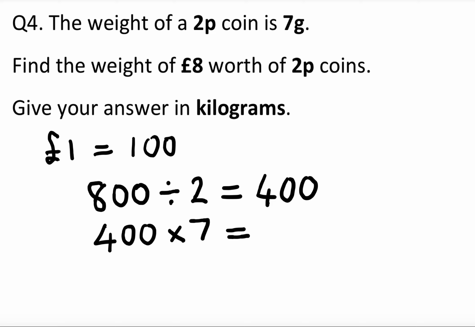And the answer to that is 2,800 grams. Right. But we don't want our answer in grams, we want it in kilograms. So how many grams are in a kilogram?